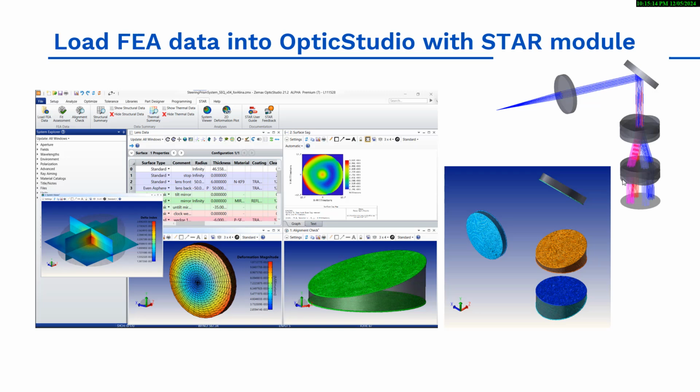For instance, here we have different lenses, and then a mirror, and we focus the light at this point. We want to see the effect of structural and thermal deformation on our optical performance.